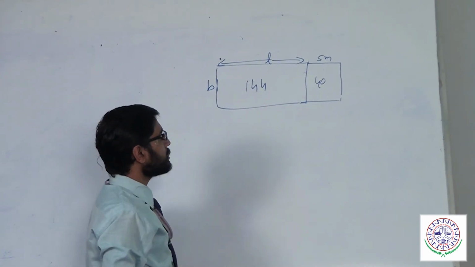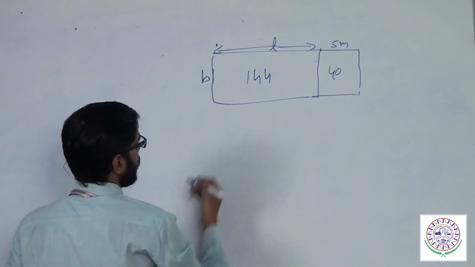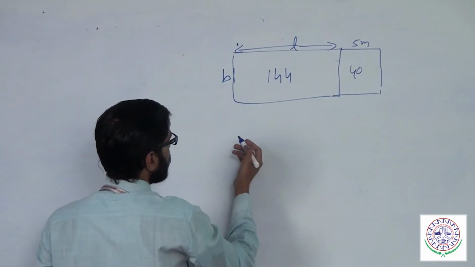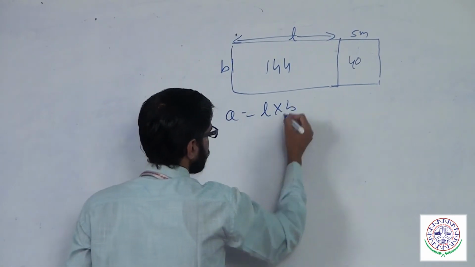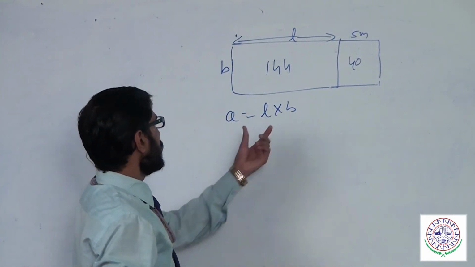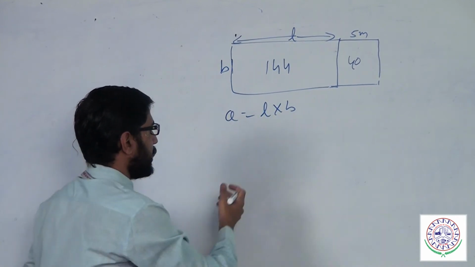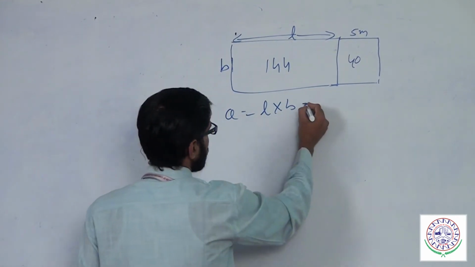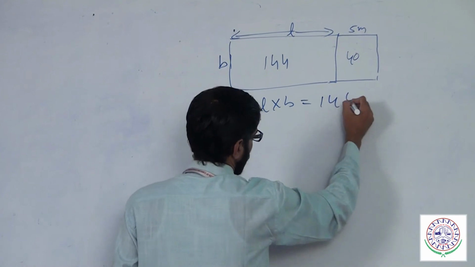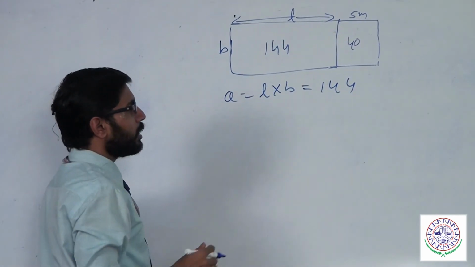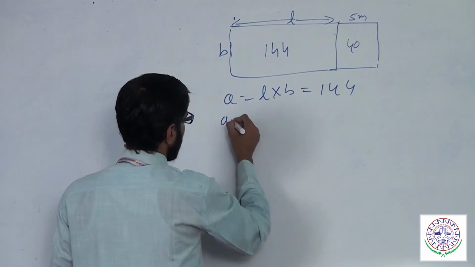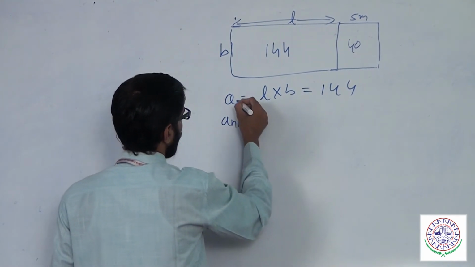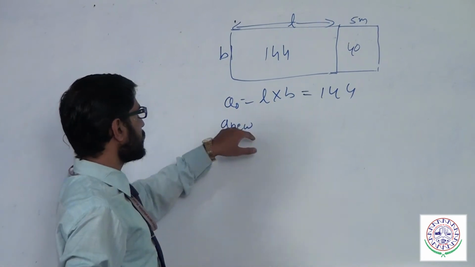So what you need to do is form the equations first. We already know that the area of the rectangle is L into B. We consider the original length and breadth as L and B. The original area is given as 144, and this is the new area.